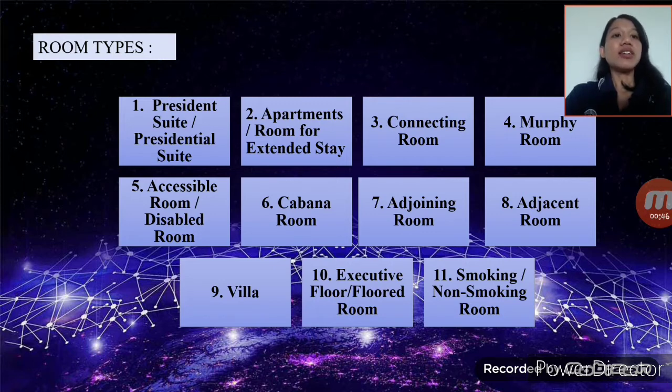Third is connecting room. Fourth is Murphy room. Fifth is accessible room or disabled room. Sixth is cabana room. Seventh is adjoining room. Eighth is adjacent room, ninth is villa, tenth is executive floor, and the last is smoking or non-smoking room.